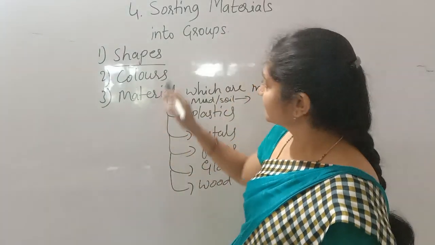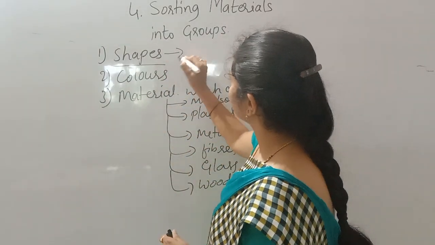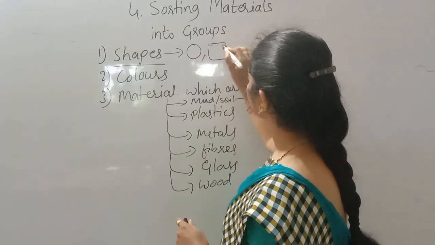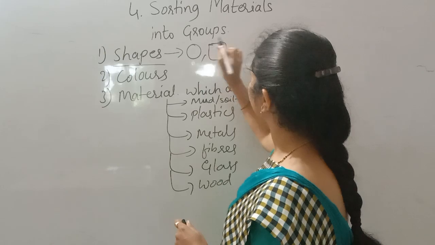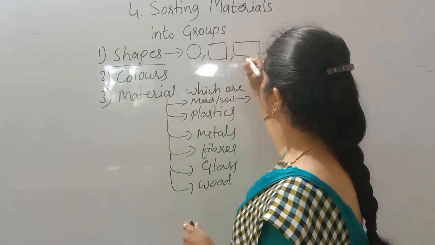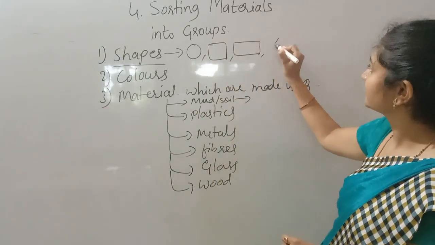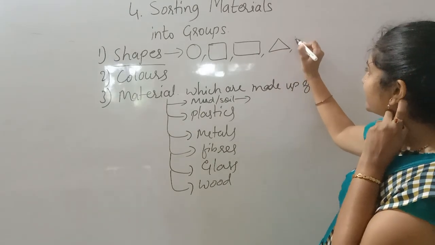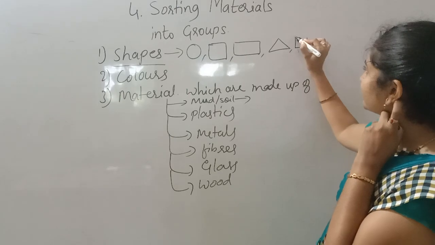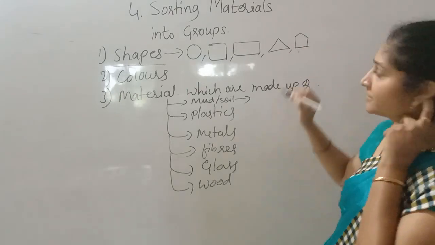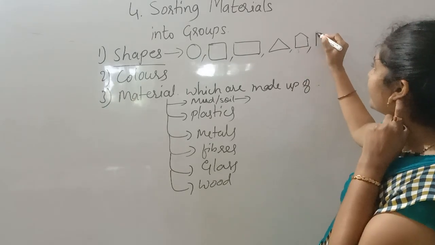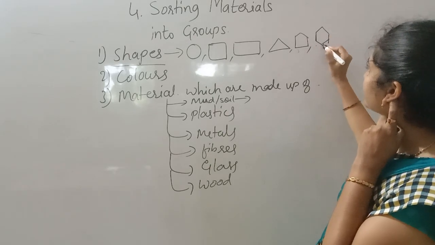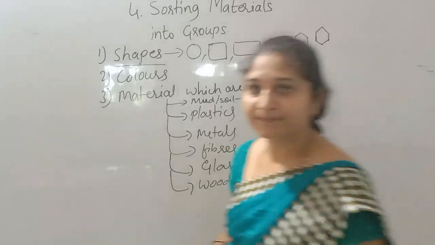Okay, and next, here I will write shapes. Circle, then square, rectangle, triangle, pentagon, then hexagon.